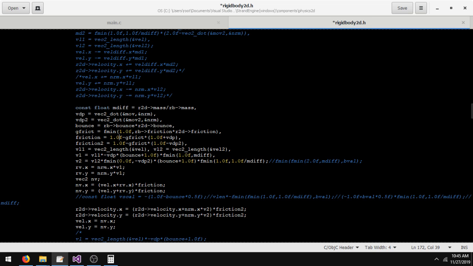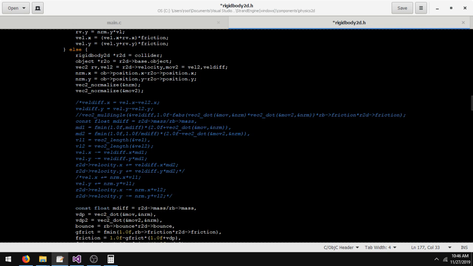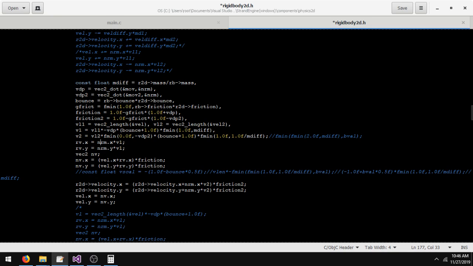So it keeps the same velocity except for applying this opposing force that is the normal, going in the opposite direction times V1, so it applies the opposing force times the negative dot product, so that'll be 1 bounce, so the mass difference.